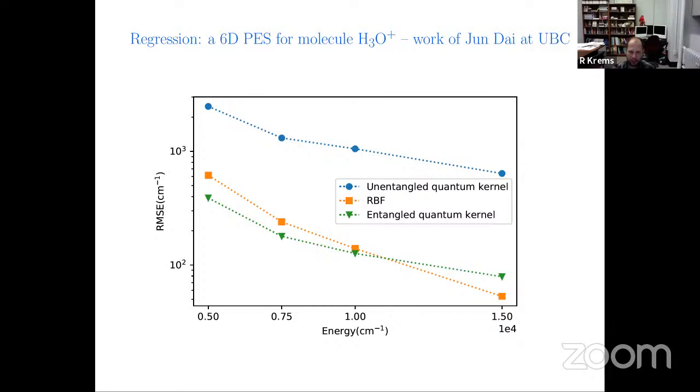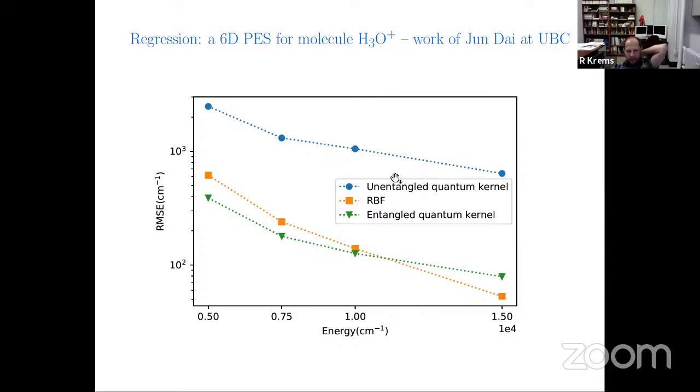And then we use these models to extrapolate and calculate the error in the extrapolated region. So if you don't include any 2-qubit gates and build a kernel for your Gaussian process model, then you get this sort of error, the blue circles.